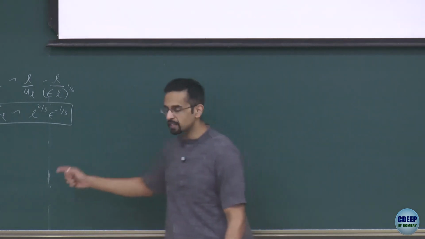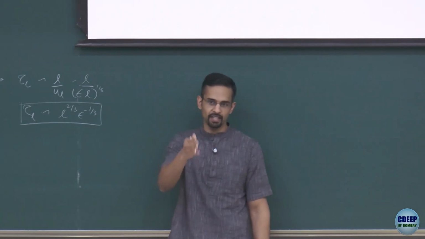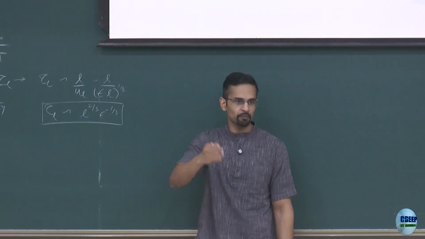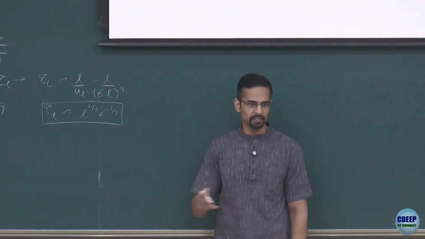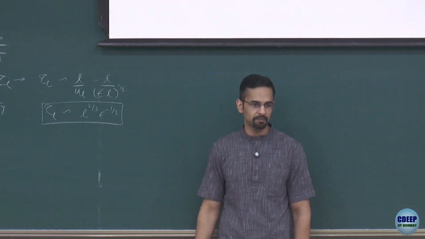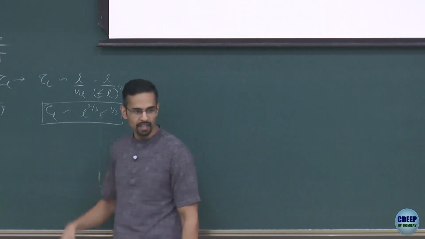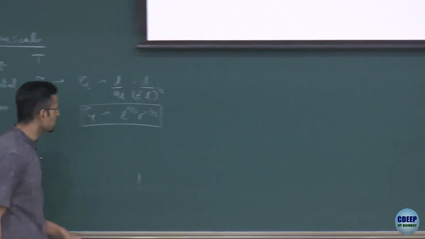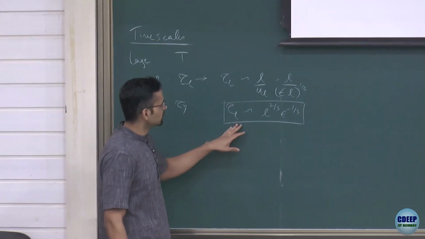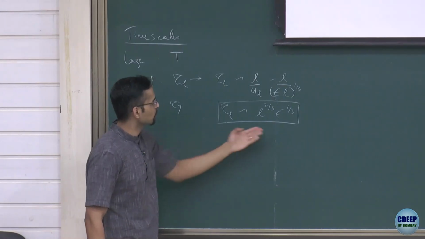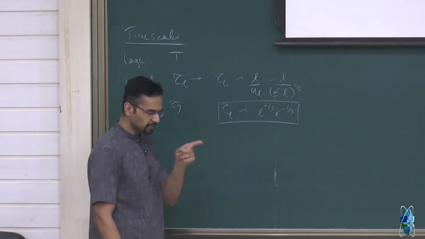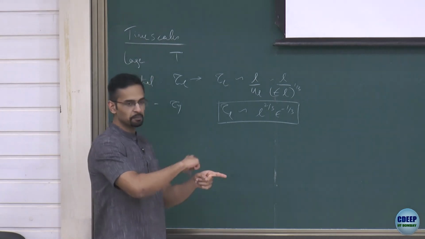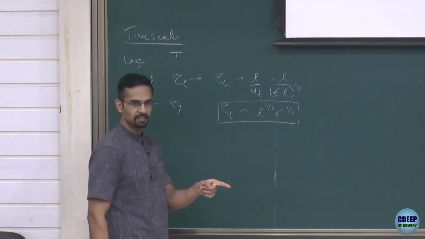So now if I sit in a turbulent flow at a fixed position and I record the velocity, it will keep fluctuating in time. And I can do an FFT of that and get a power spectra. Right? That means how the energy varies in time. So I can do the same thing, and I should be able to derive how that power spectra will behave, right? And that will have a power law because I can see that there are a whole range of timescales sitting in different eddies. So I sit in one position, different eddies will keep passing by my probe.